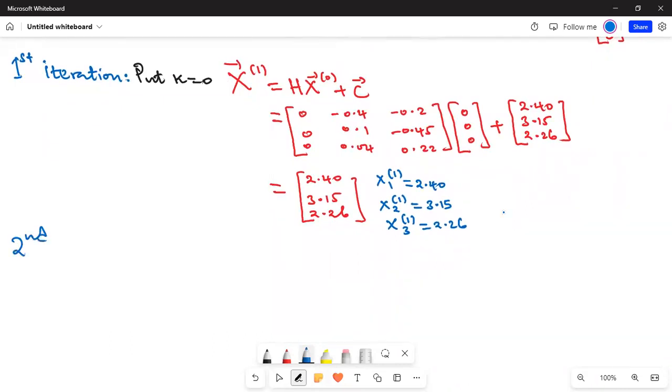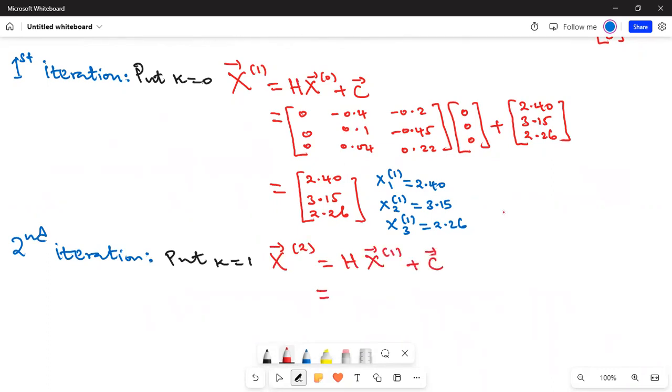Second iteration. Here you put k equals 1 in the iterative formula, so that we are going to get x vector at level 2 is equal to h times x vector at level 1 plus c.